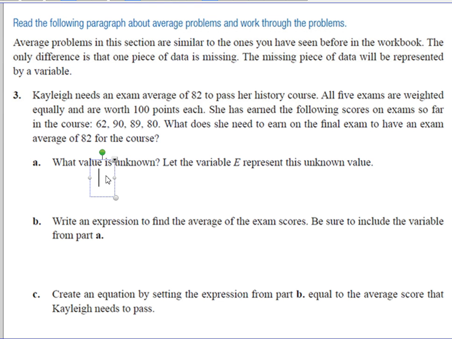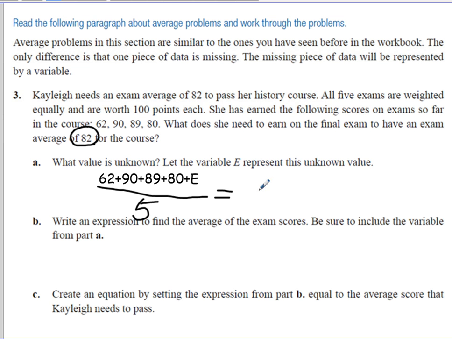It says let E represent that final exam score. So we would add the 62, the 90, the 89, the 80, and the final test, which she still hasn't taken yet, E, divide that by how many scores we have, which will give us a total of 5 scores, and that will equal the total average of 82.